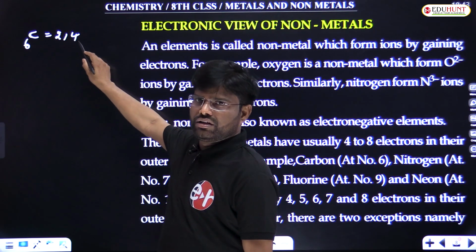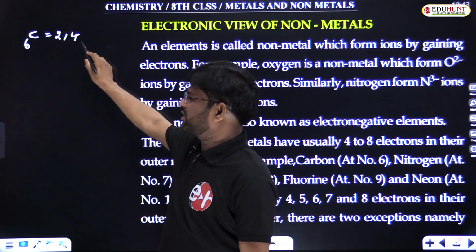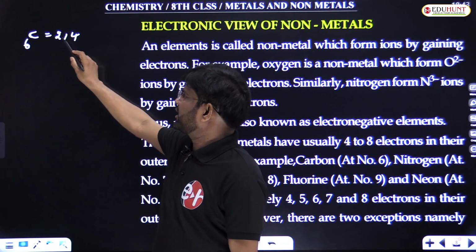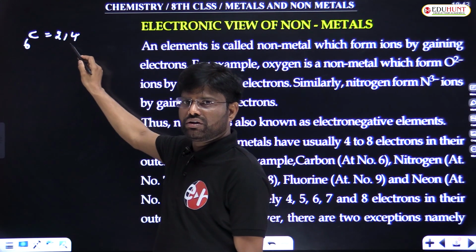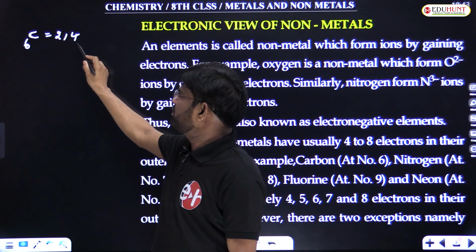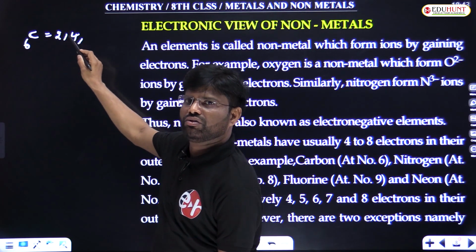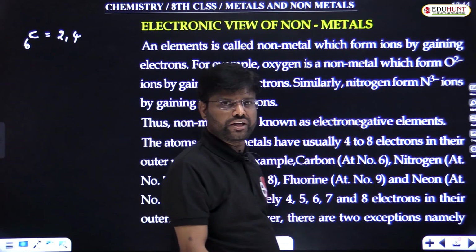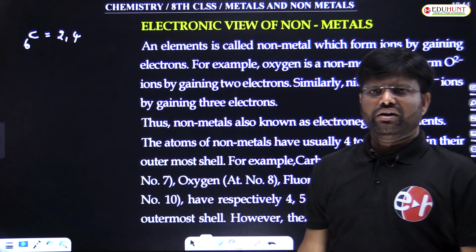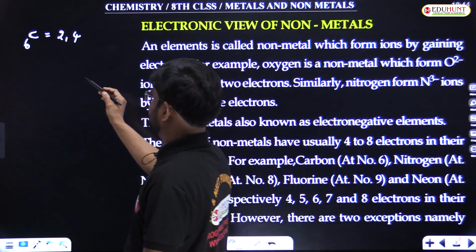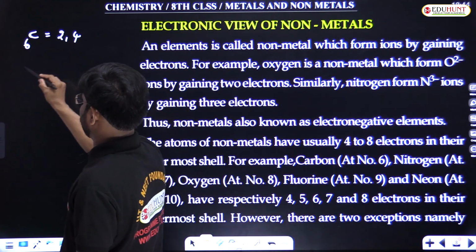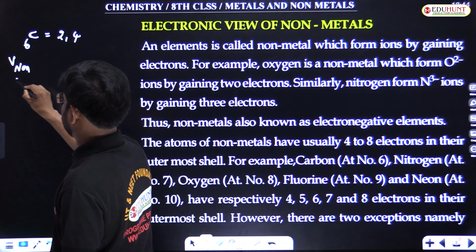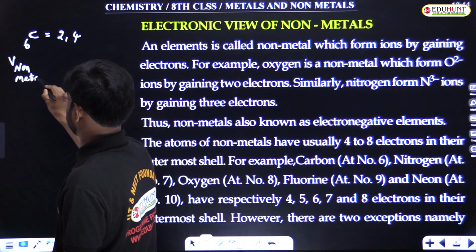Atomic number 6, electronic configuration 2, 4, outermost shell 4 electrons are present. In order to find the valency of carbon, you should write the valency of non-metal.